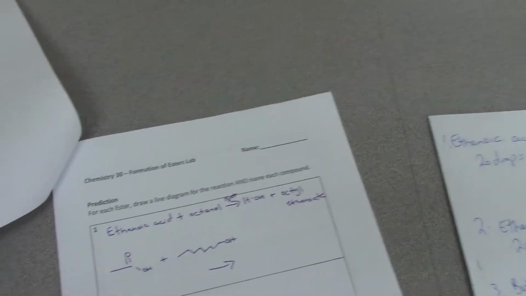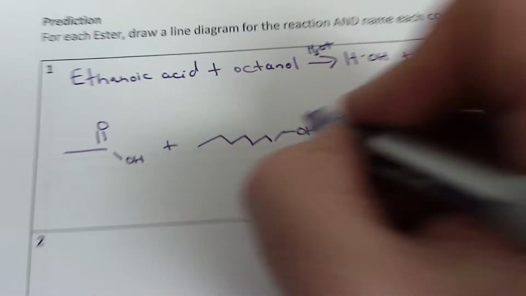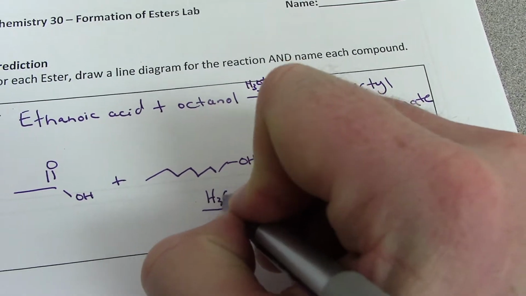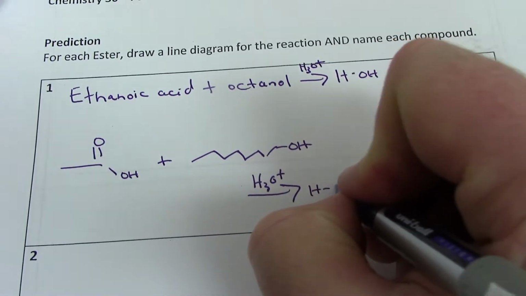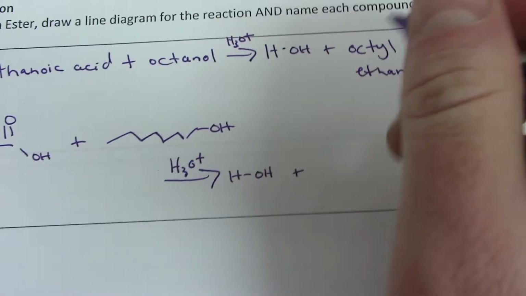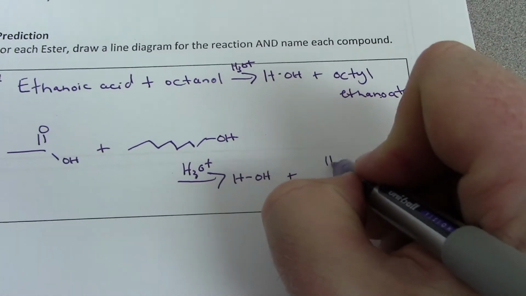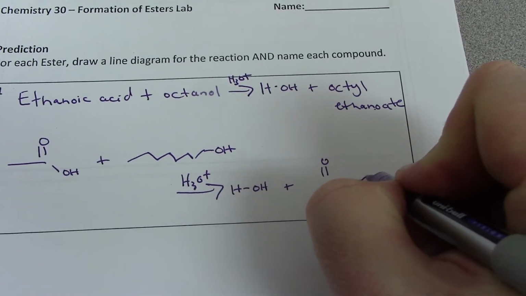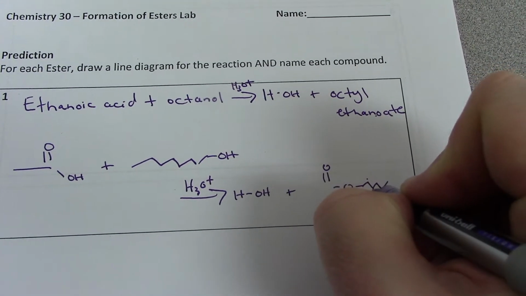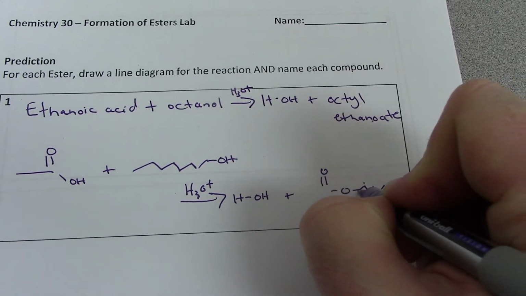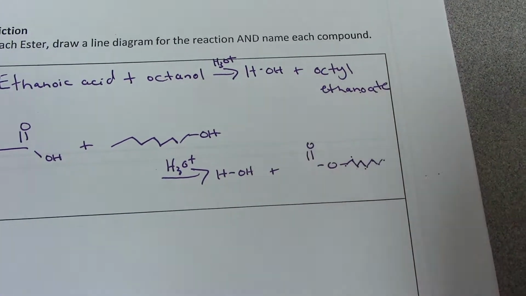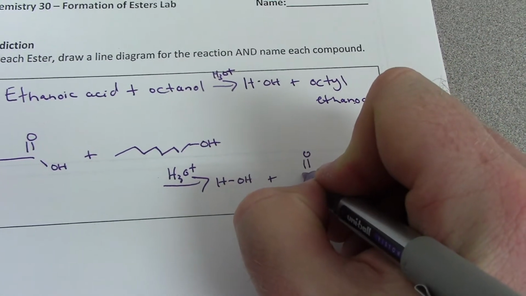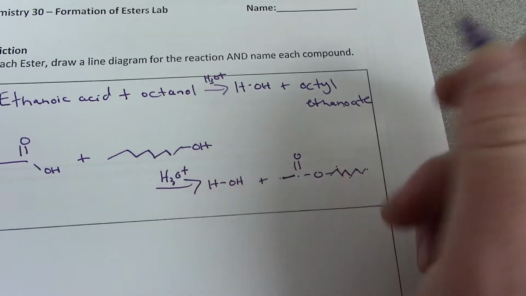I have 18 molar sulfuric acid, so H3O plus, strong acid. And what I end up making is HOH, and then I make an ester. So 1, 2, 3, 4, 5, 6, 7, 8. There's the octanol portion, and then 1, 2 carbons here. That'll be the ethanoic acid.